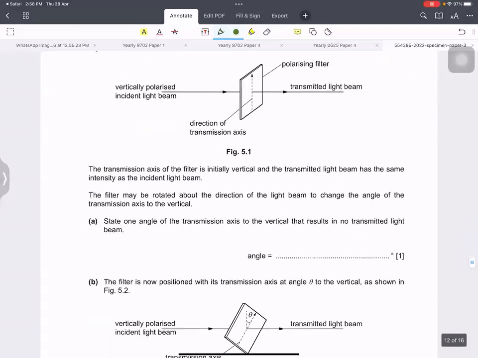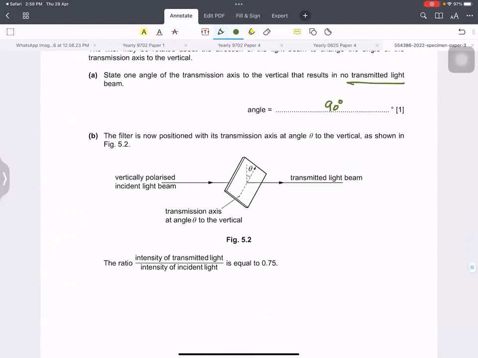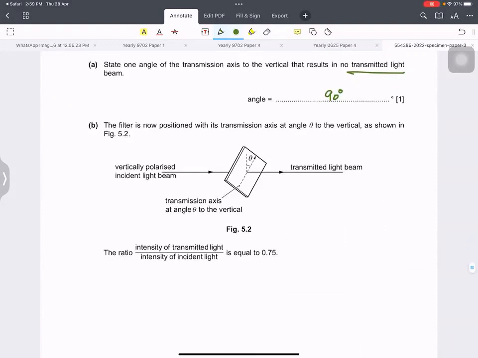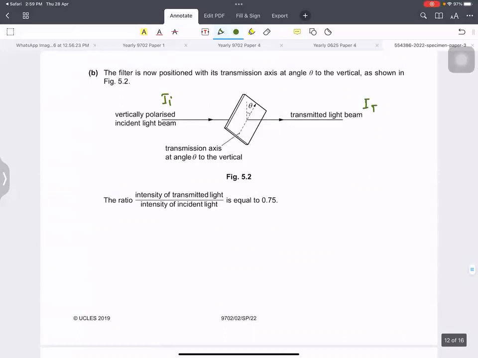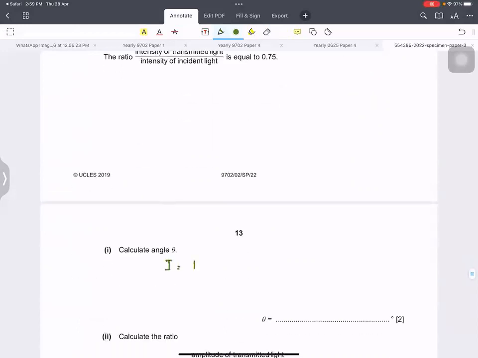Now this one. Okay. State one angle of transmission axis to vertical that results in no transmitted light. Always when you turn it to 90 degrees, right? So it is going to stop the transmission. Then they have given you that the intensity of transmitted to intensity of incident is basically 0.75. Okay, fine. Calculate angle theta. So we know the formula, I equals I naught times cos square theta, right?